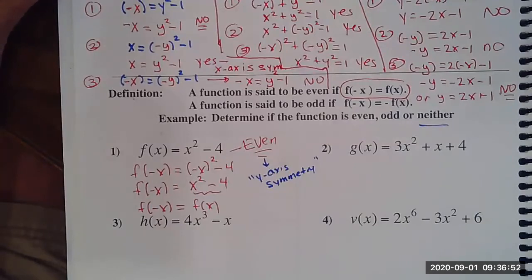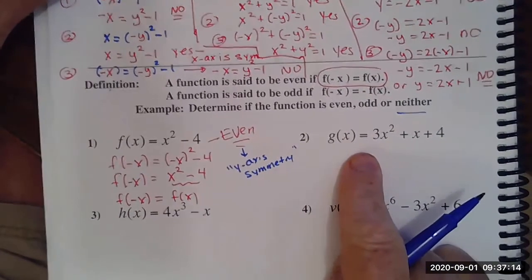True or false, all parabolas have a y-axis symmetry. No, I said all. No. You could have a parabola that has a vertex that sits off the y-axis and then doesn't have y-axis symmetry. It has a line of symmetry, but it's definitely not the y-axis.